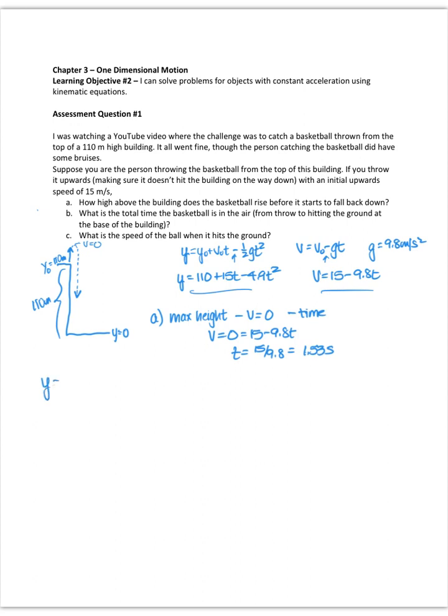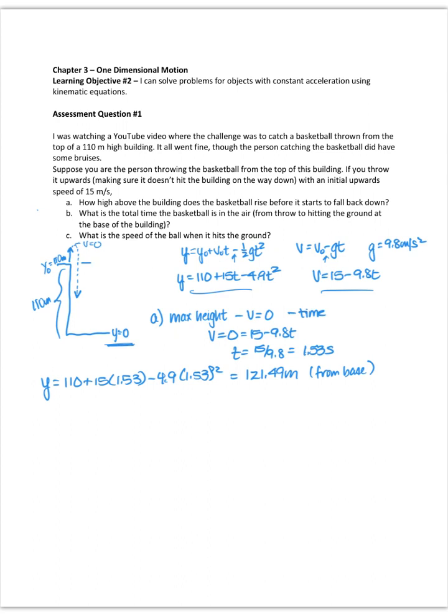Then we want to evaluate the position at that time. So y is 110 plus 15 times 1.53 minus 4.9 times 1.53 squared. And that gives us a position of 121.49 meters. Now remember, this is measured from the base, because when I originally started this problem, I said the base of the building is going to be my y equals 0.